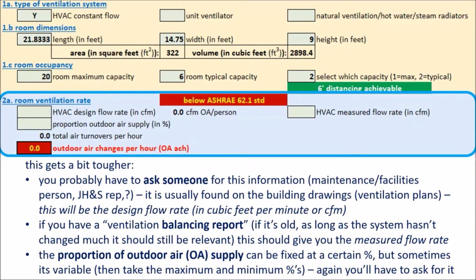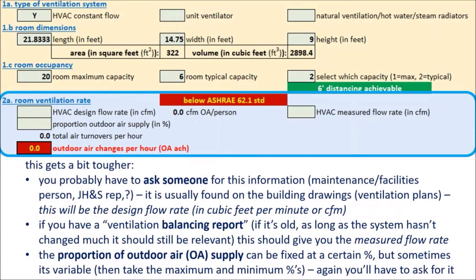And that would be in the measured flow rate. And the spreadsheet prefers the measured flow rate over the design flow rate, so it will automatically select that one. And also figuring out what proportion of outdoor air supply can be difficult, so you need to ask someone.